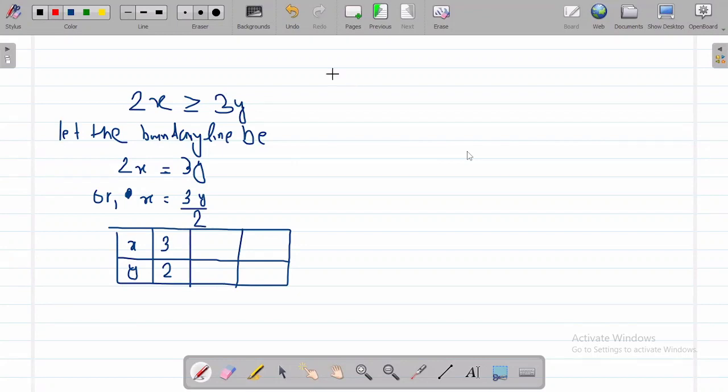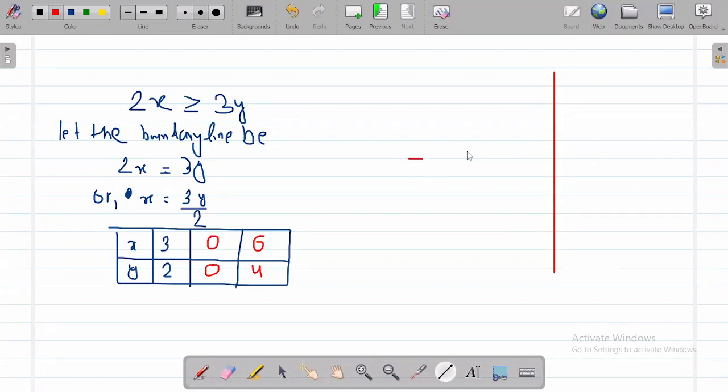Help me for 1 more point. When y is 0, x is 0. When y is 4, x will be 6. Okay.